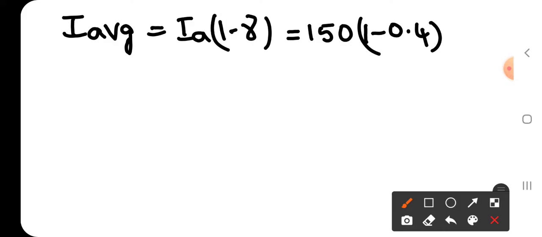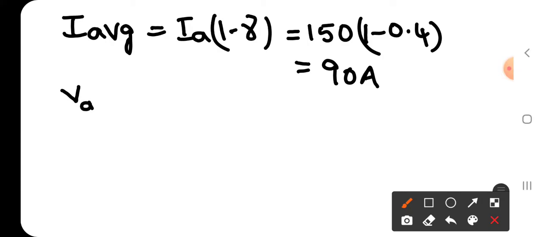So 150 into 0.6 is 90 amperes. If the average current is 90 amperes, then what is the average voltage?